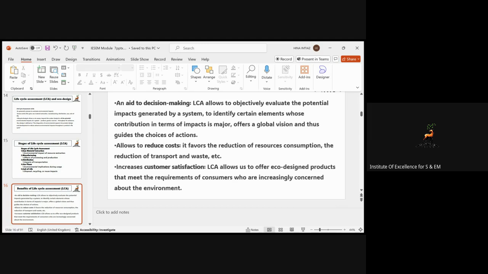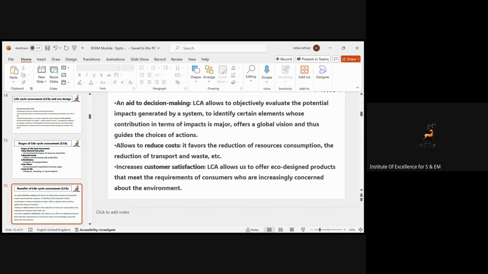LCA allows us to offer eco-design products that meet the requirements of consumers who are increasingly concerned about the environment. For instance, if you are a little bit careful about the environment, if you are just a common man who cares for the environment, and you are drinking any cold drink, like juices, and you see that the packaging is biodegradable, you will feel internal satisfaction.